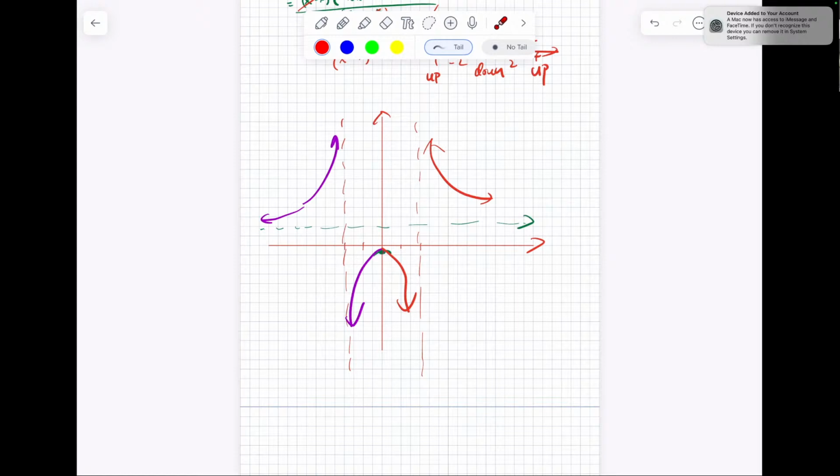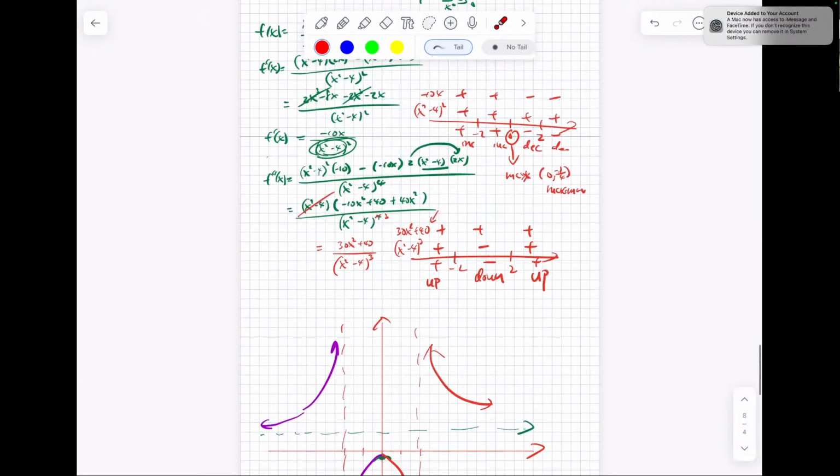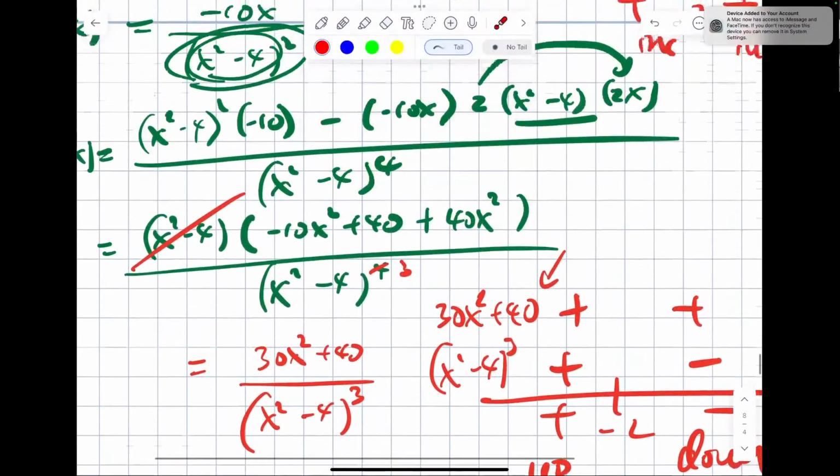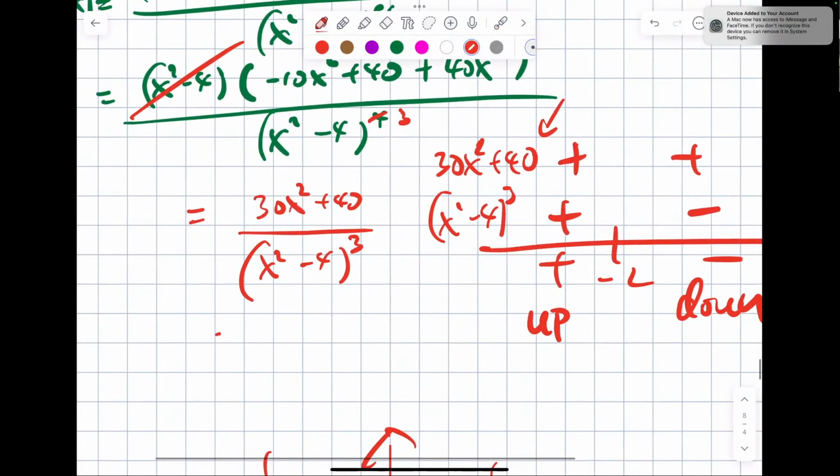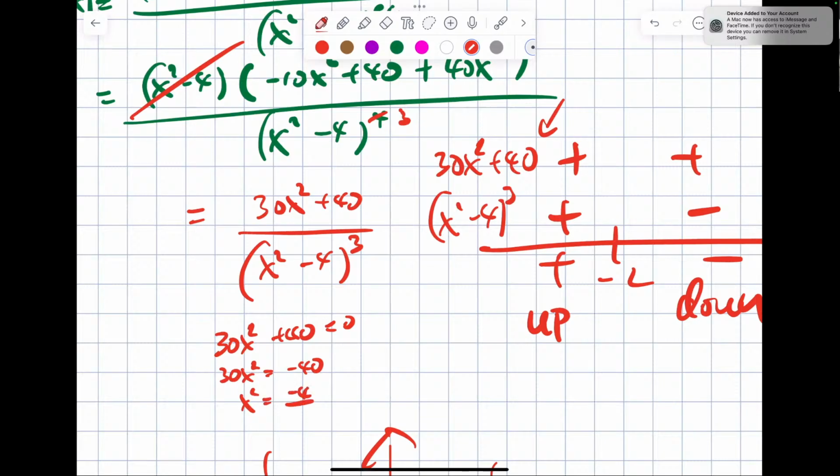Yes. Why did you put the 0 in the f prime and then you didn't put it in the f double prime? I did, because I'll show you: 30x squared plus 40 equals 0. So 30x squared equals negative 40, x squared equals negative 4 over 3.